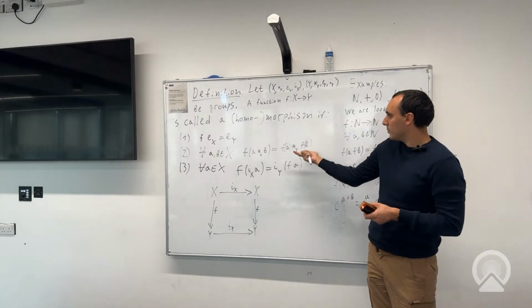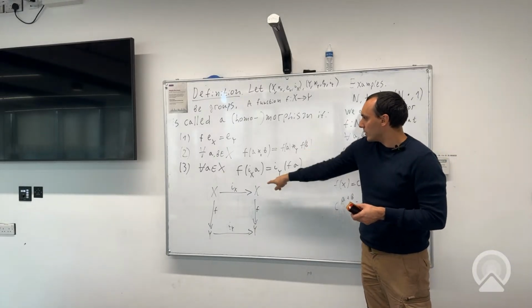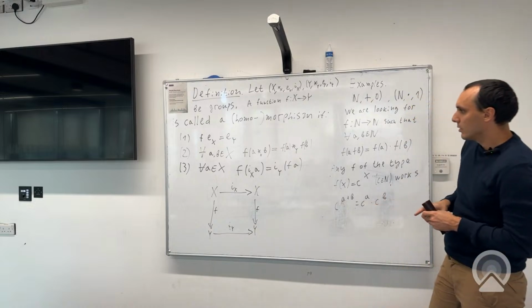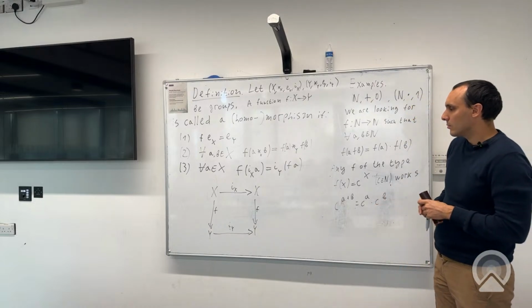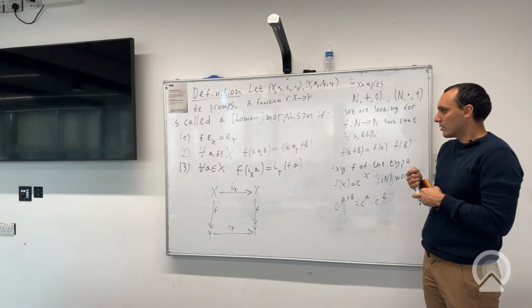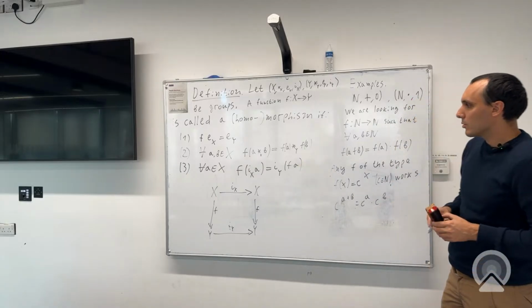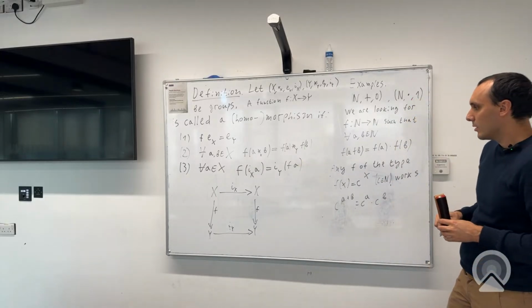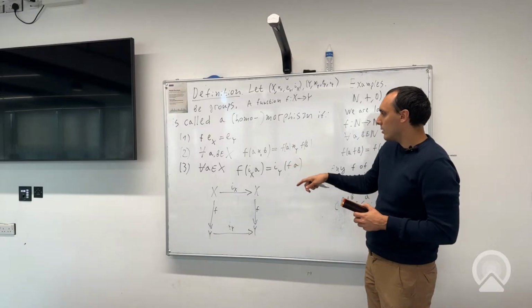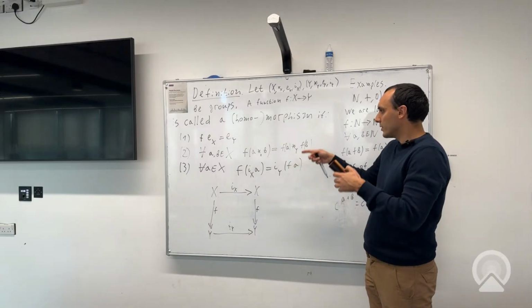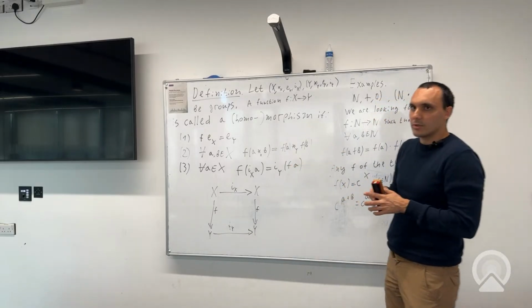This property is the same as before, but we have one more. We have to keep inverses as well. The output of the inverse is the inverse of the output, in some sense.